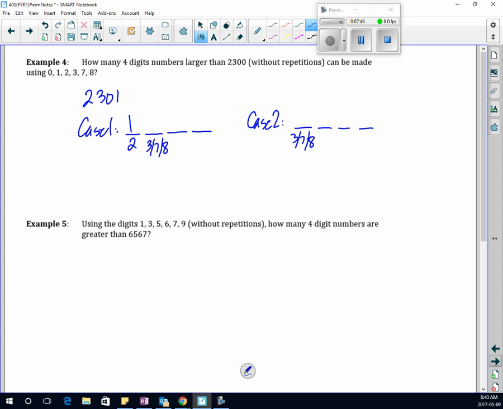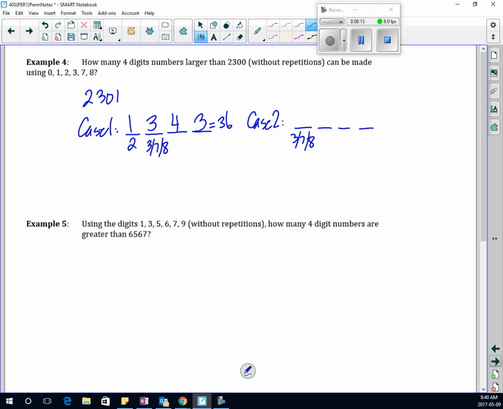Okay, so there's only 1, 2. We only have the choice of 3 here. And after I've used up 2 digits, I have 1, 2, 3, 4, 5, 6 digits total. Yeah, 4 and then 3, very good. So that's 12 times 3, 36.